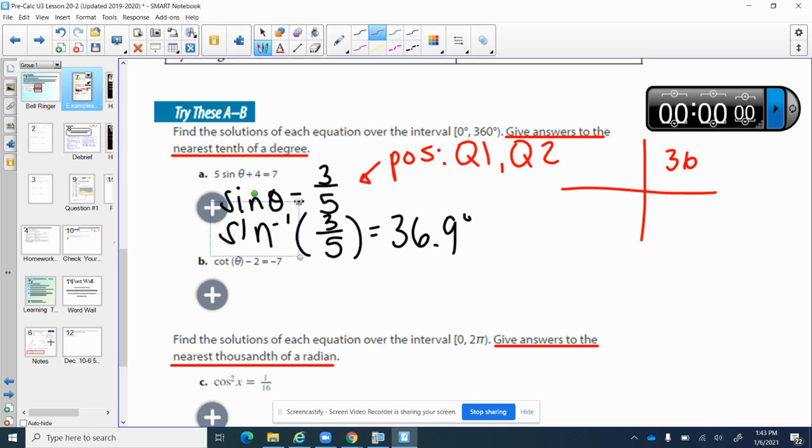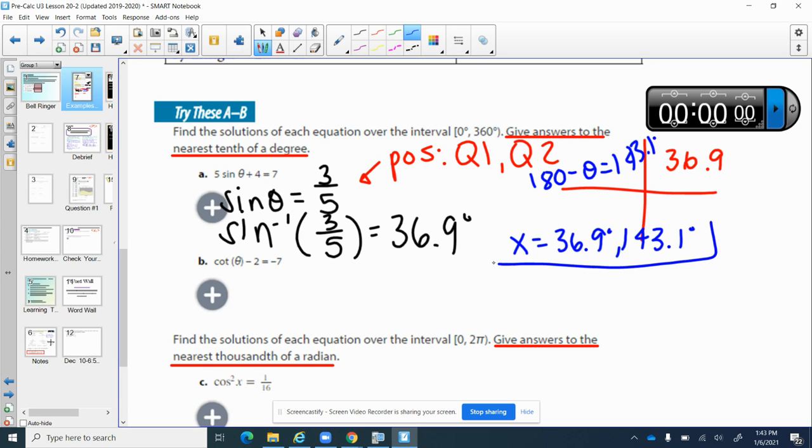So 36.9 was the quadrant 1 value. We have to take 180 minus that reference angle to get our quadrant 2 value, which is 143.1 degrees. Okay, so our two answers here, 36.9 degrees and 143.1 degrees.